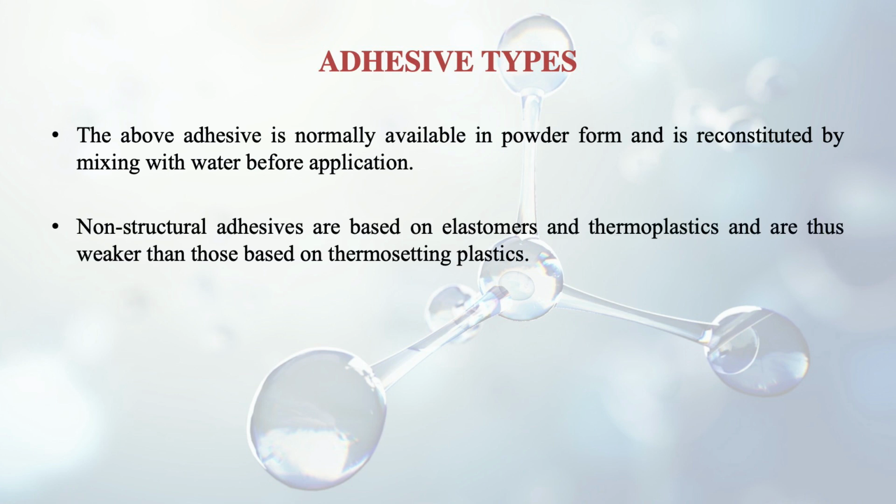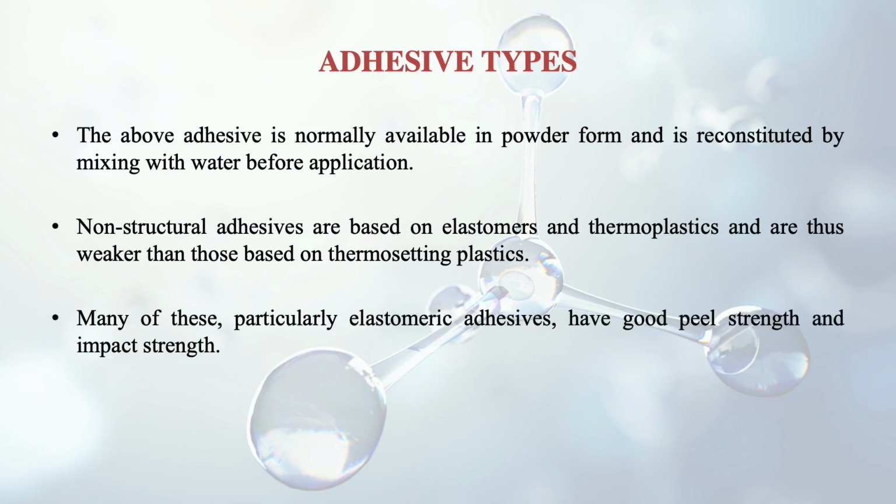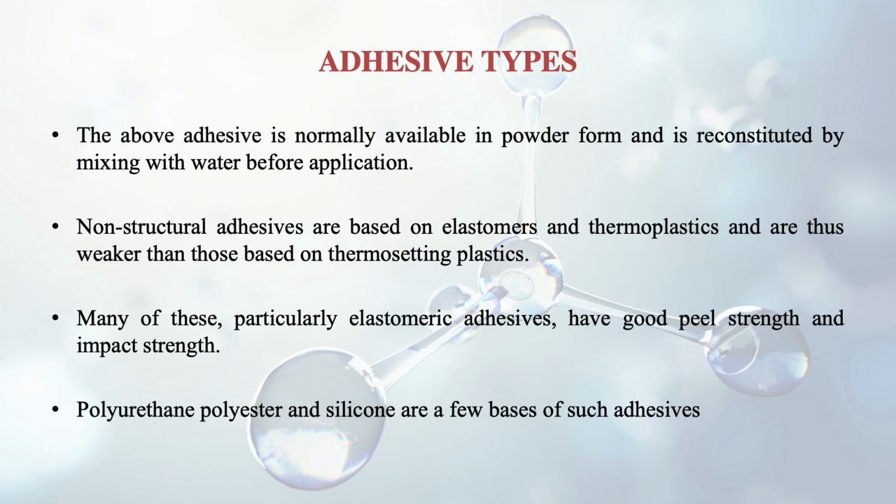Then there are the non-structural adhesives also. They are based on the elastomers and the thermoplastics, but they are weaker than those based on the thermosetting ones. Many of these, particularly elastomeric adhesives, have good peel strength and impact strength. Polyurethane, polyester and silicone are the basis for such adhesives.